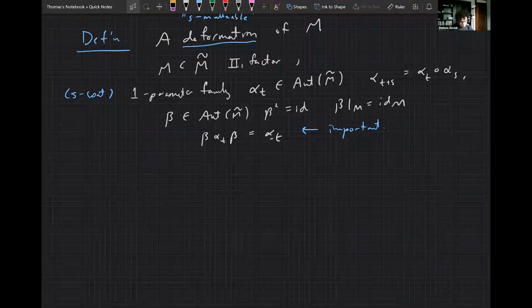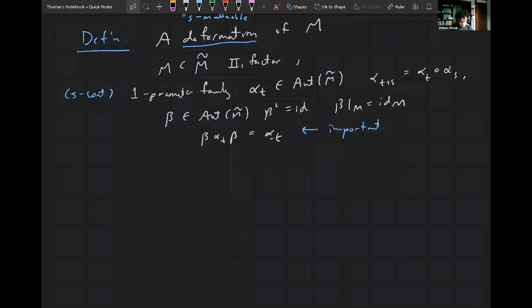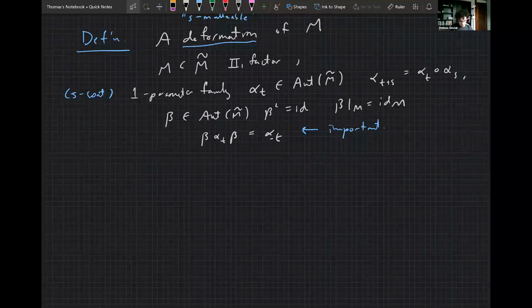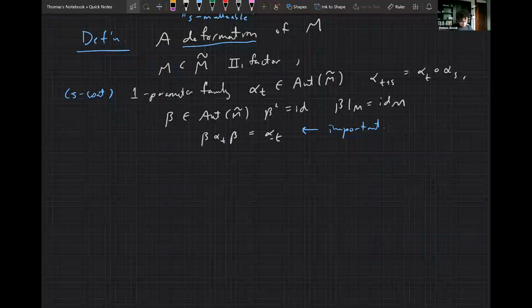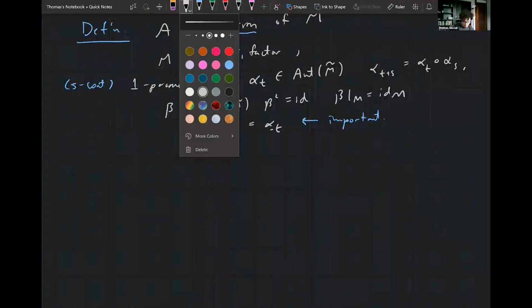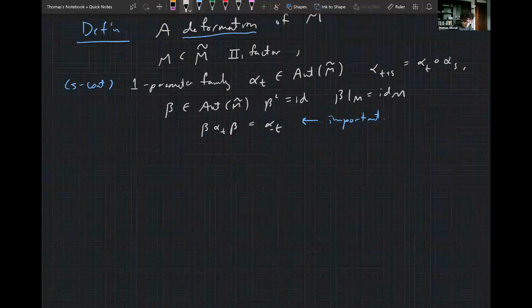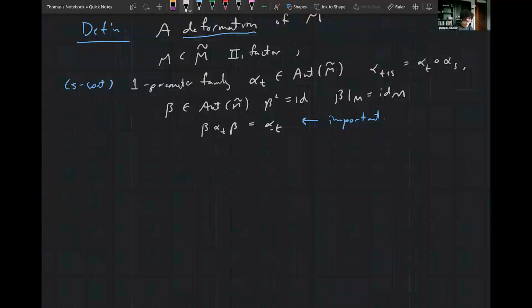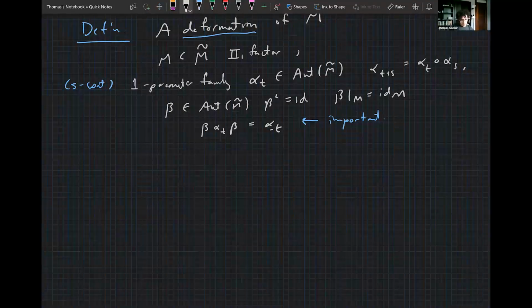Again, this was all discovered by Popa beginning in his early works on the subject. So that's what a deformation is.